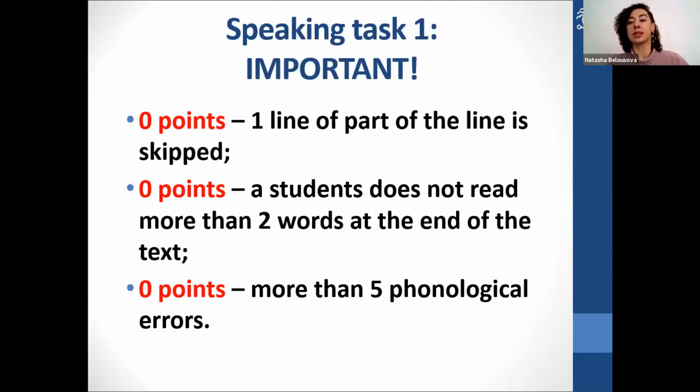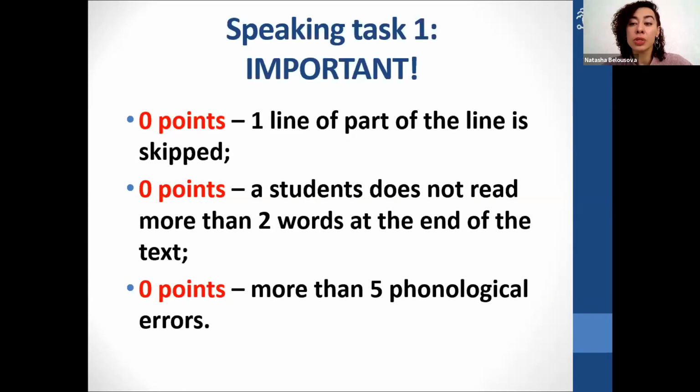They just can't see it, and they start reading the next line. This is not very good because they skip part of the text and it stops being understandable. That's why it's a reason for 0 points. Sometimes the students don't have enough time to read the whole text, though with task 1, it doesn't happen very often.